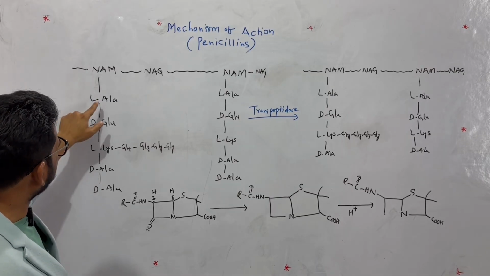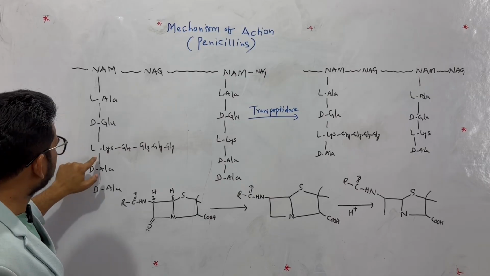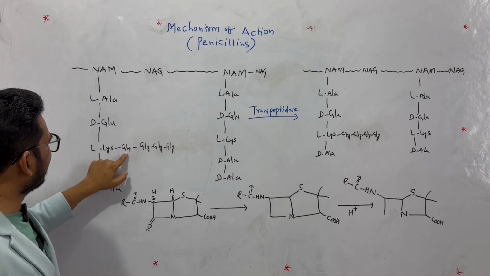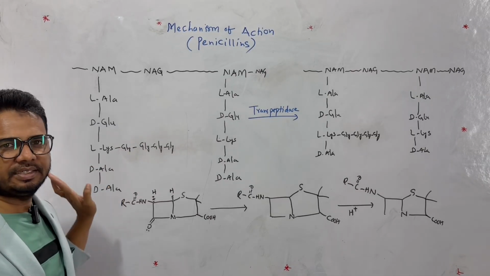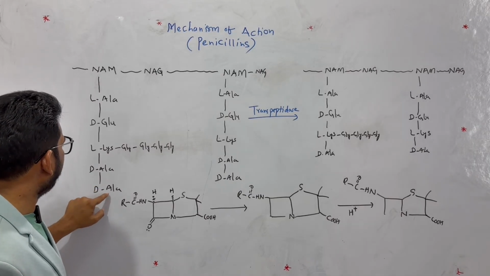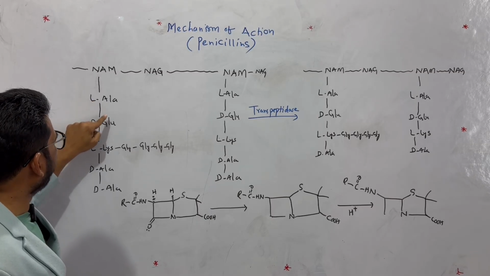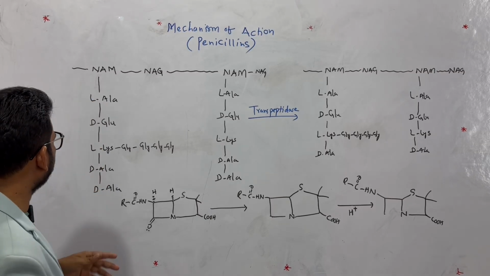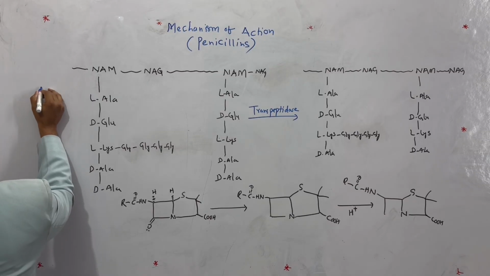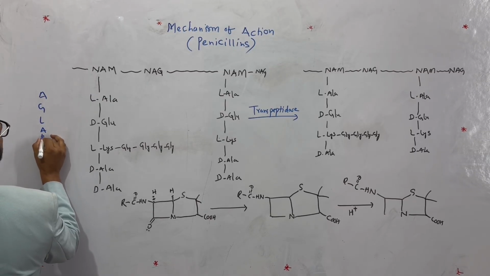See here, what combination does it have? Alanine, glutamic acid, glutamine, and lysine attached to glycine. Four glycines. Then D-alanine, then D-alanine. In the short way, you can remember AGLAA.